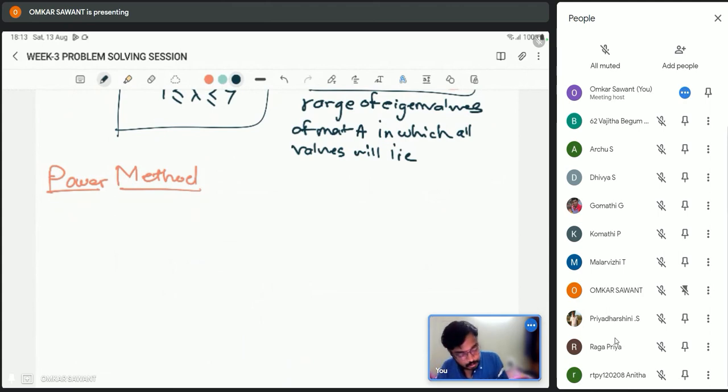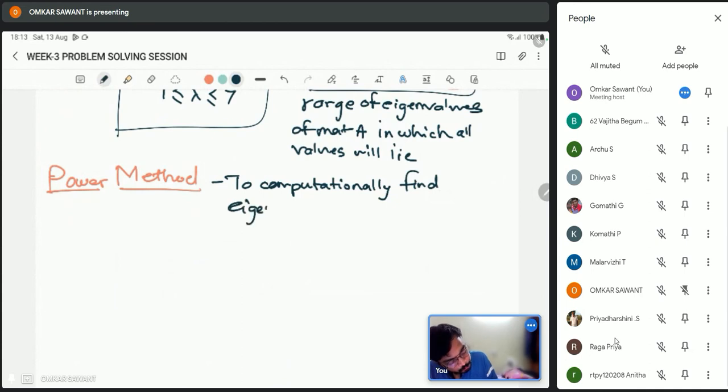To computationally find eigenvalues of a matrix, we use the power method. This is a very simple method and will not take much time. We will explain this through one example.